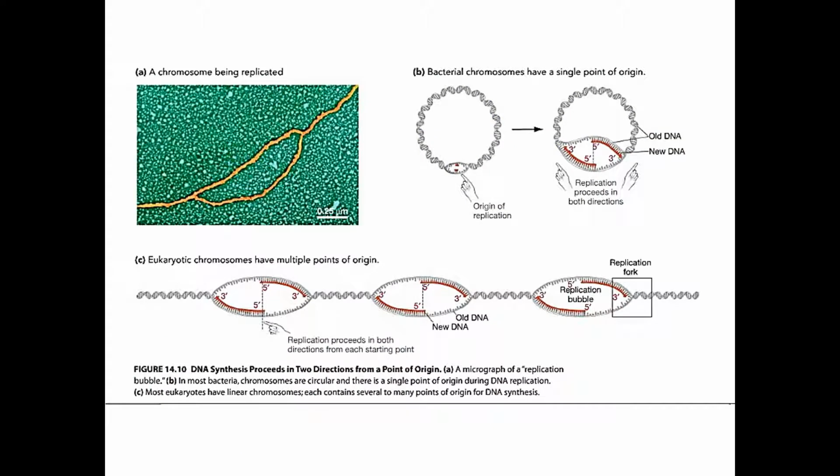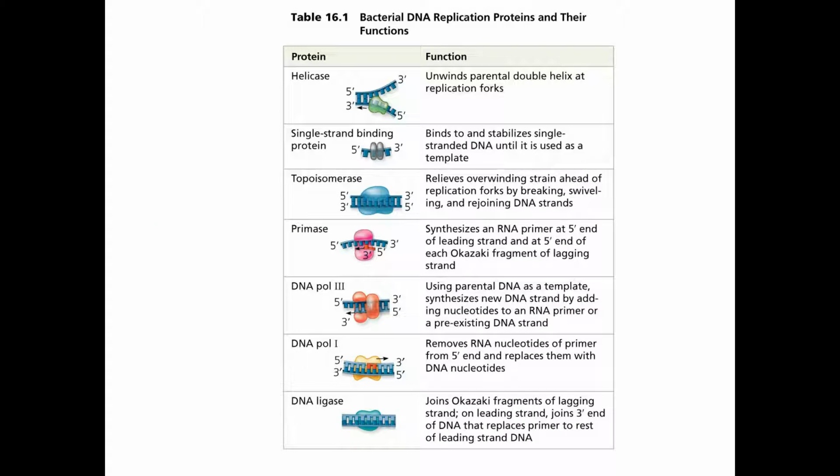Here you're being shown a bacterial chromosome and a eukaryotic chromosome undergoing DNA replication. Again, it is a bidirectional process, whether you're talking about eukaryotic DNA or prokaryotic DNA. These are the replication machinery proteins that you're going to want to be familiar with.